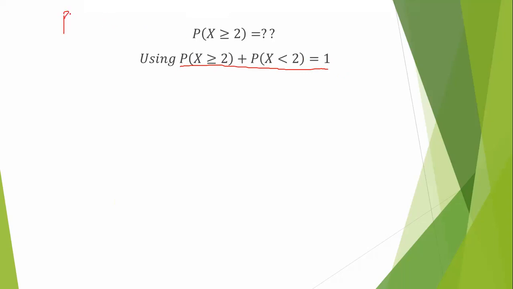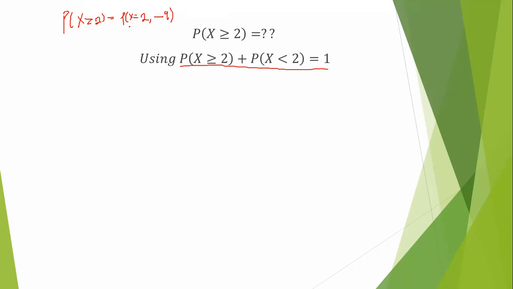Because for probability of x greater or equal to 2, we saw that we are going to get probability of x beginning from 2 up to 9. Is that okay? Yes.